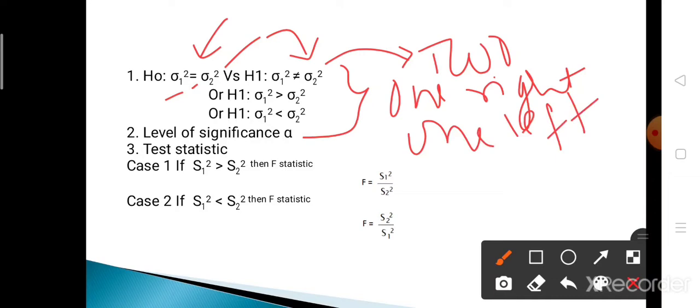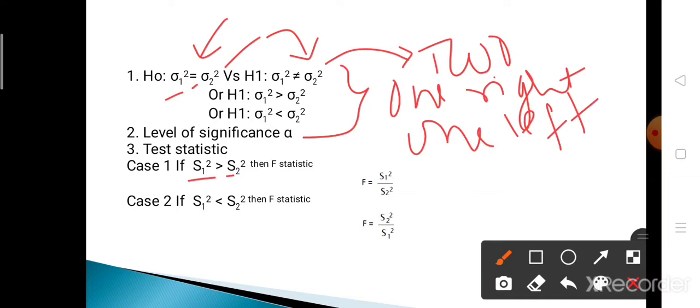The second step is the level of significance. The level of significance is denoted by alpha and it may be fixed at 1%, 5% or 10%, etc. Now the third step is the test statistic. In test statistic there are two cases. Case 1: S1 square is the sample variance for x variable and S2 square is the sample variance for y variable.